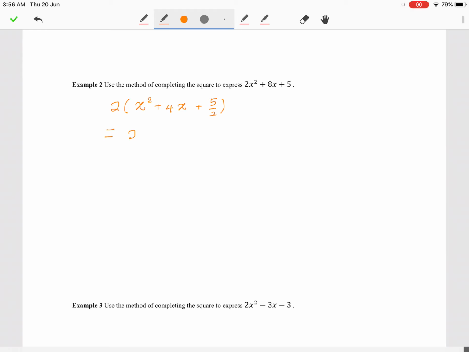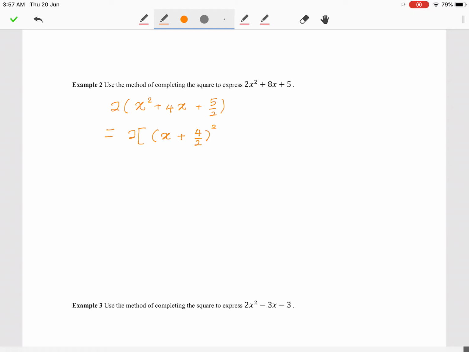Okay, so you put 2, then you open a square bracket, you put x, now you take plus, now what is your value of b? Now in the bracket b is 4, so you take 4 divided by 2, you close the bracket, and you square it.